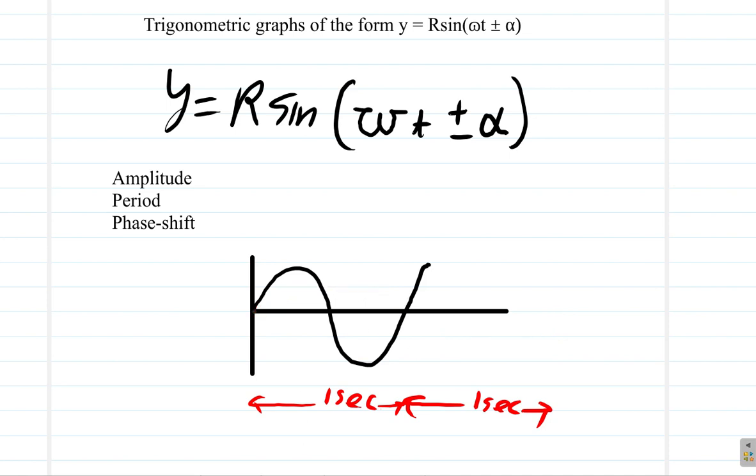Let me redraw it because we did not change the amplitude. Amplitude remains the same, and I drew that one in a different amplitude. Alright, so if this wave is traveling this way at the same speed, and you have to wait 2 seconds for one cycle to pass you, then you're looking at going from here to here.